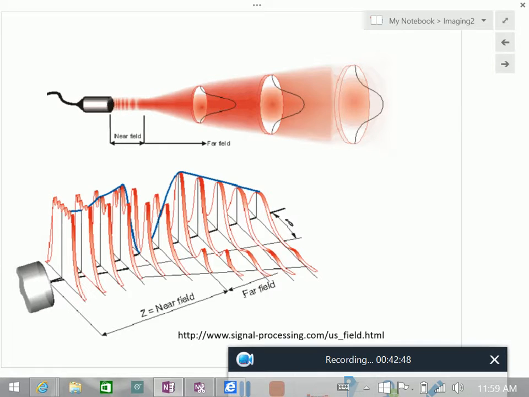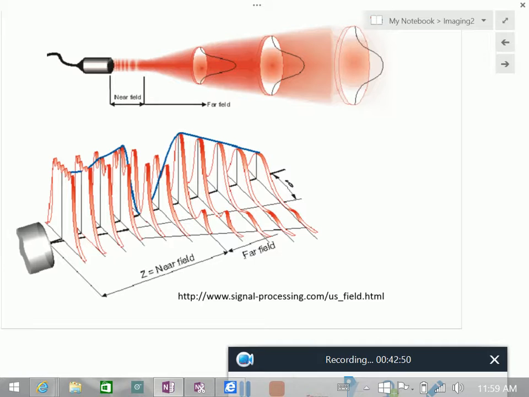It's possible to calculate or estimate the length of the near field zone, and the equation is D squared over 4 lambda. D is the diameter, so it is more severe the larger your transducer is, basically. And lambda is the wavelength of the transmitted pulse.